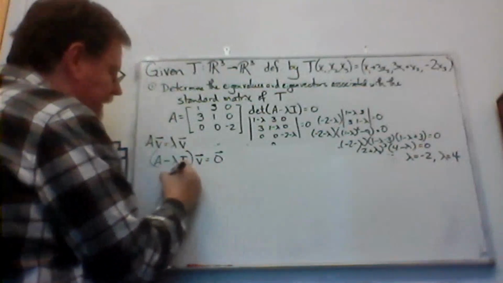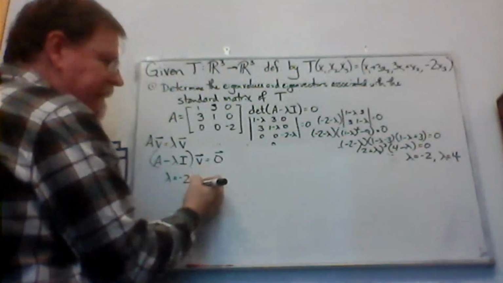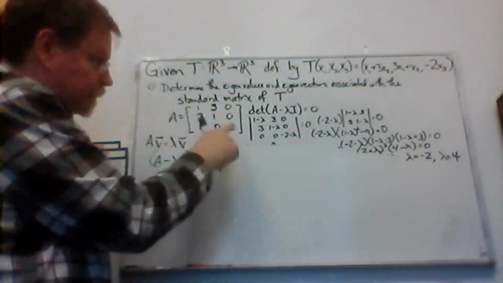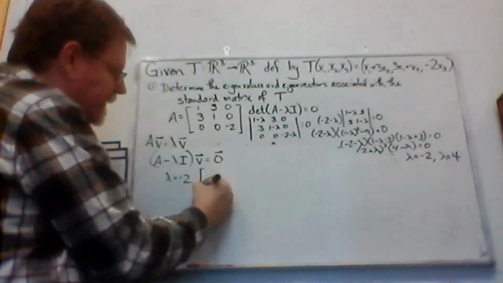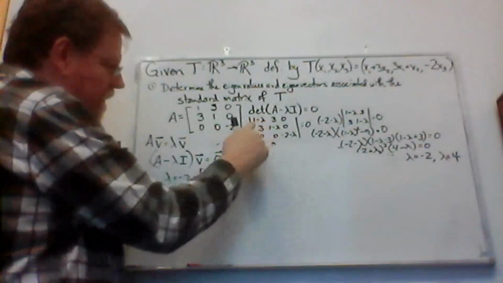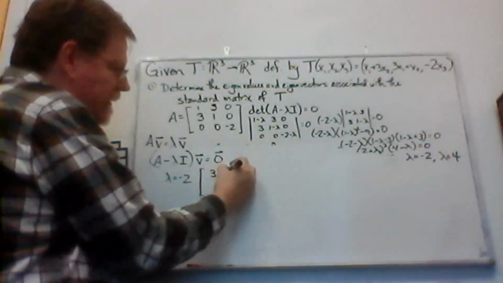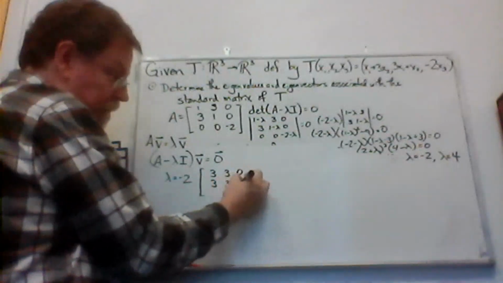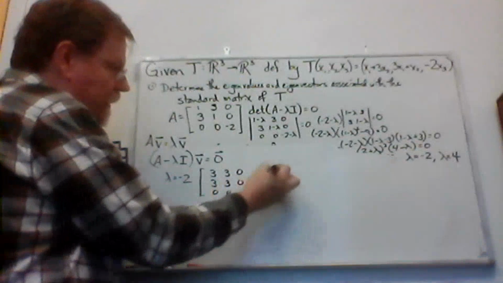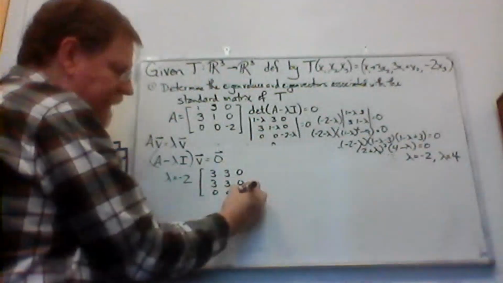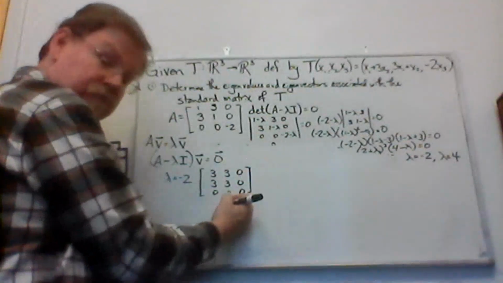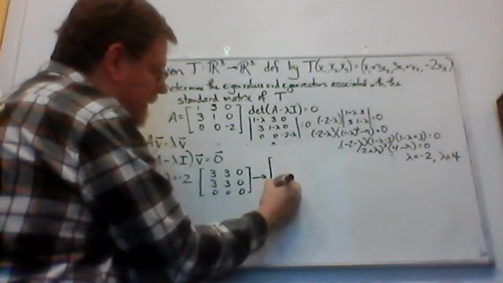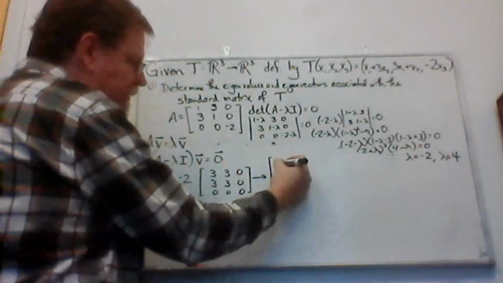So let's plug in -2 for lambda. That gives us 1 minus -2, so that's 3, 3, 0, 3, 3, 0, and 0, 0, -2 minus -2, that's 0. Then we can get that in row echelon form.